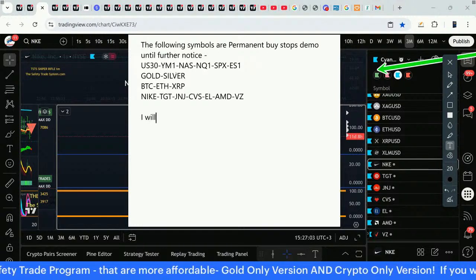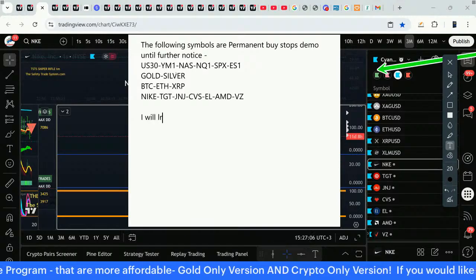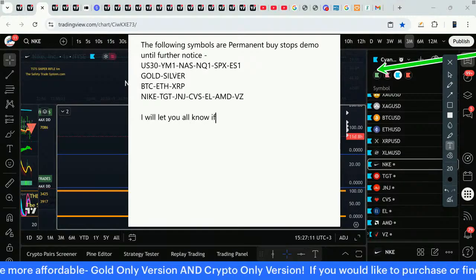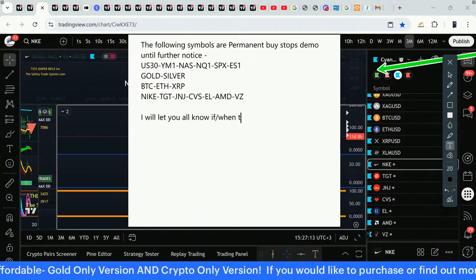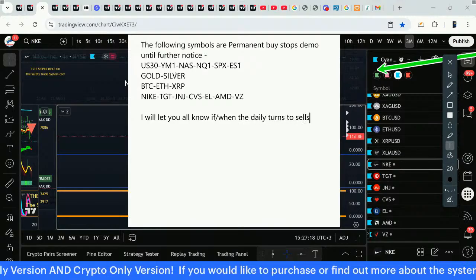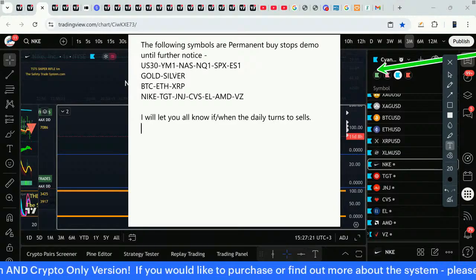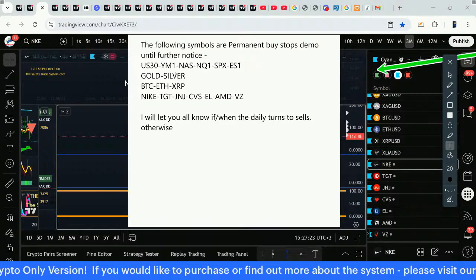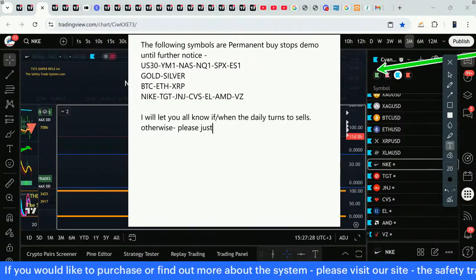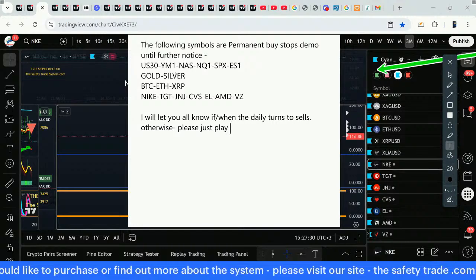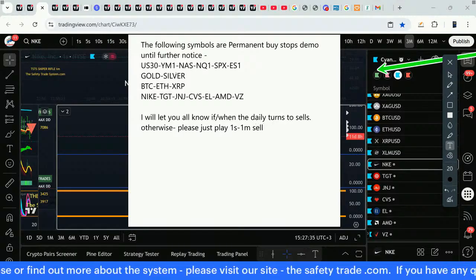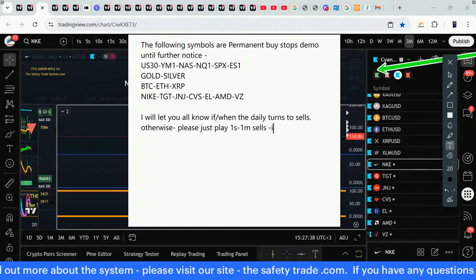I don't give a shit about news today if there is any. I will let you all know if or when the daily turns south. Otherwise, 1 second to 1 minute.